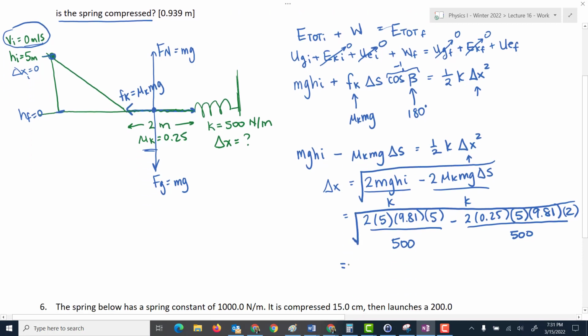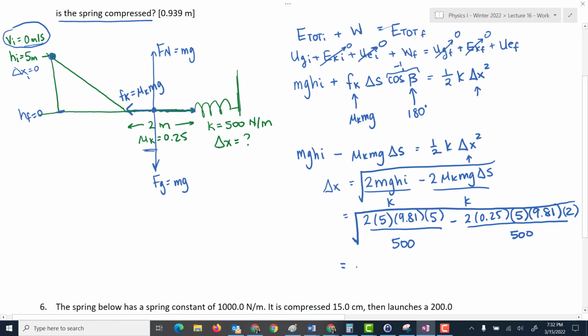So I will type that in. And I have 2 times 5 times 9.81 times 5 over 500 minus 2 times 0.25 times 5 times 9.81 times 2 over 500, all in a square root sign.